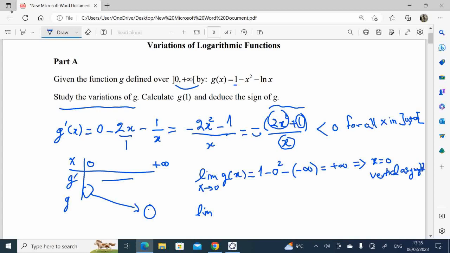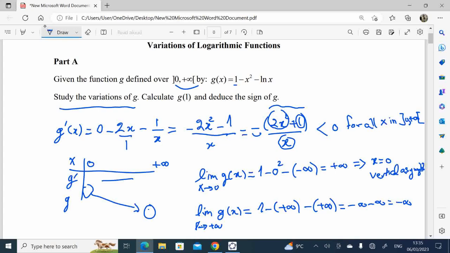Now, the limit as x approaches plus infinity of g of x is going to be equal to 1 minus plus infinity, because x squared will be plus infinity, minus plus infinity also because ln x goes to plus infinity as x approaches plus infinity, so we get minus infinity.